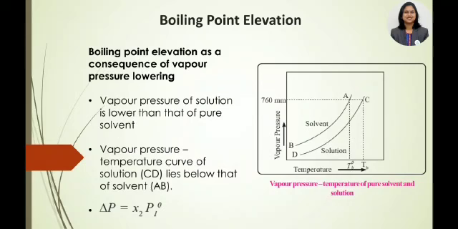Boiling point elevation is a consequence of vapor pressure lowering. Vapor pressure of the solution is lower than that of the pure solvent. The vapor pressure temperature curve of the solution, CD, lies below that of the solvent, that is AB. Students, observe the diagram.